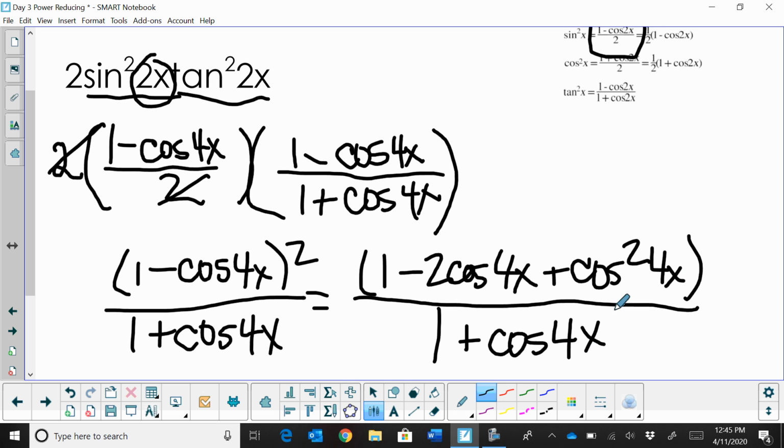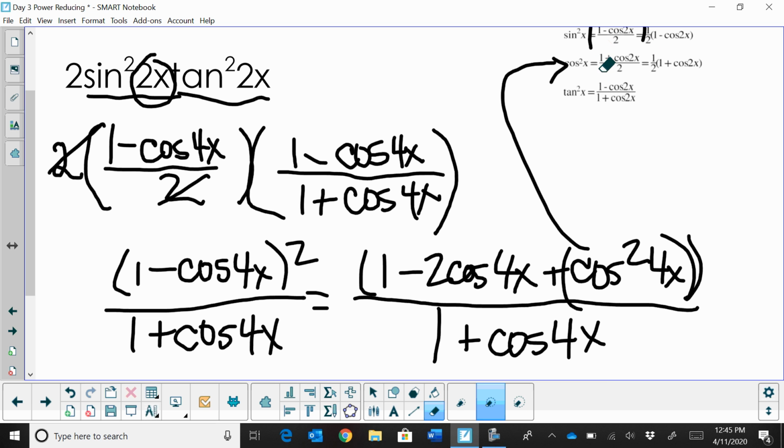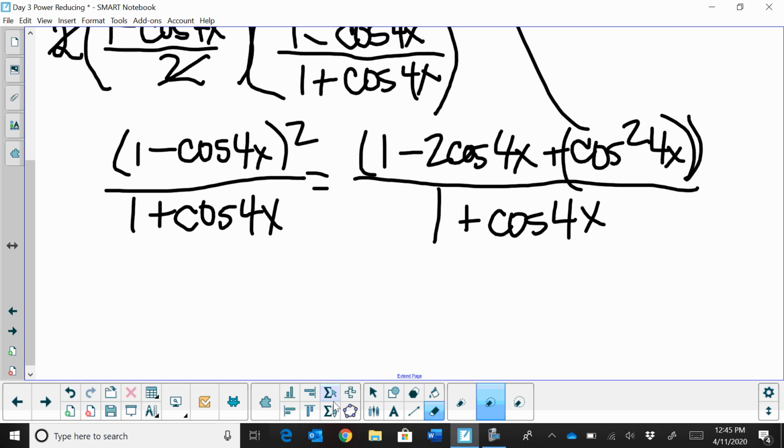Now, you can see this is not a first degree power. So I have to take this portion and use my power reducer for cosine. So let's take a look at that. That's going to be 1 plus cosine double the angle all over 2. Well, my angle is 4x, so I'm going to have to double this part to an 8x. So let's go down, use the cosine power reducer.